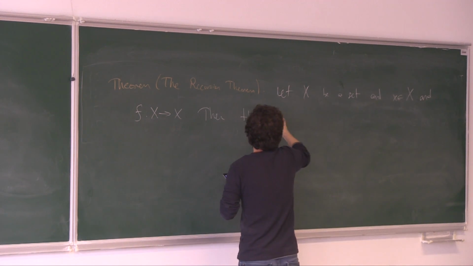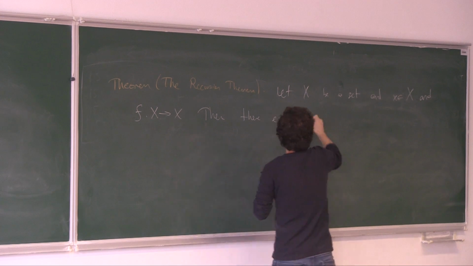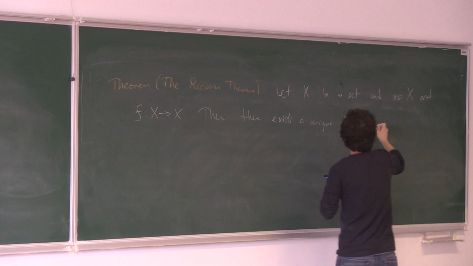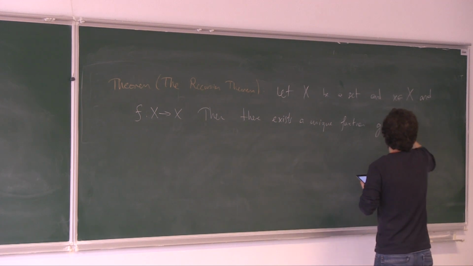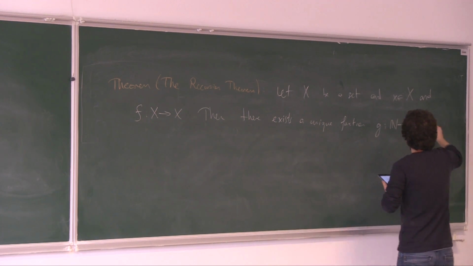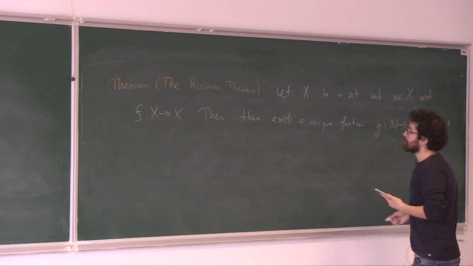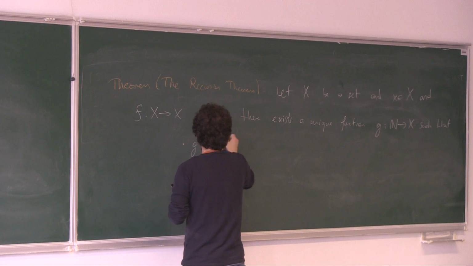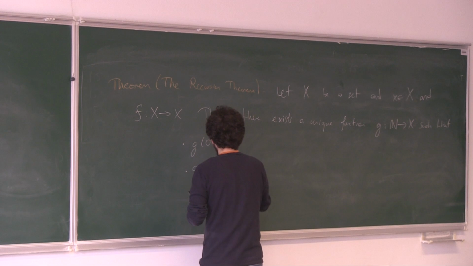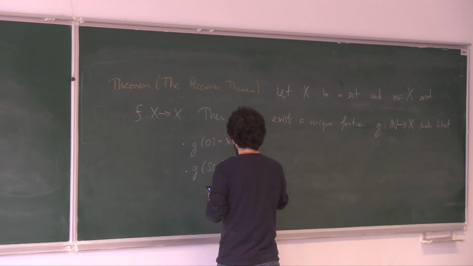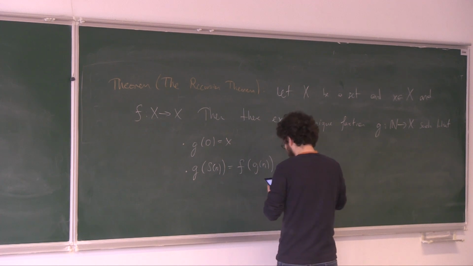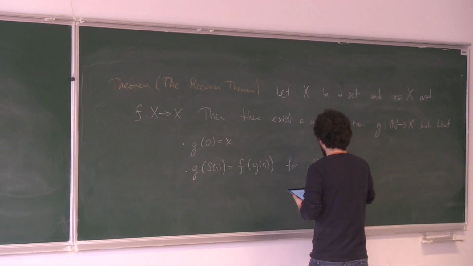Then there exists a unique function g from natural numbers to X such that g satisfies two properties. g of 0 is x, and g of the successor of n equals f of g of n for all n.